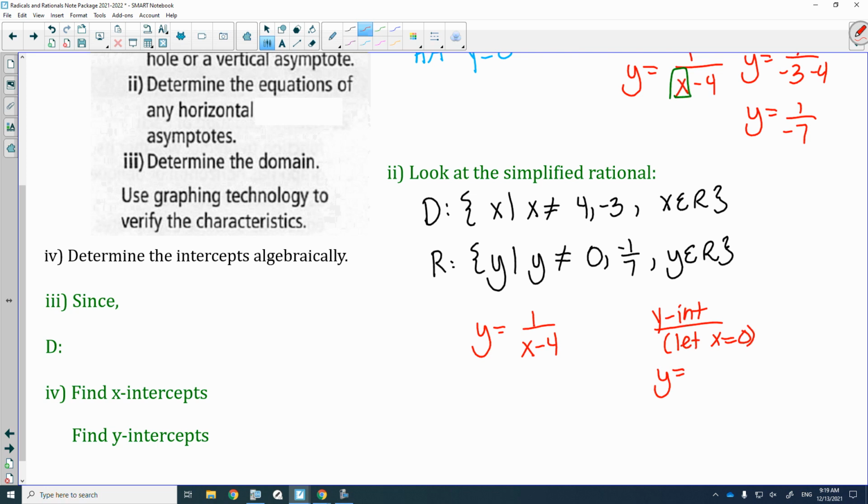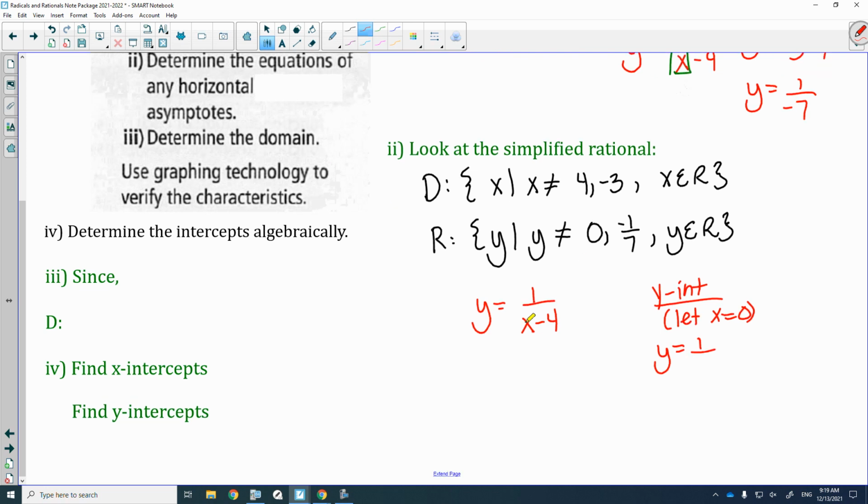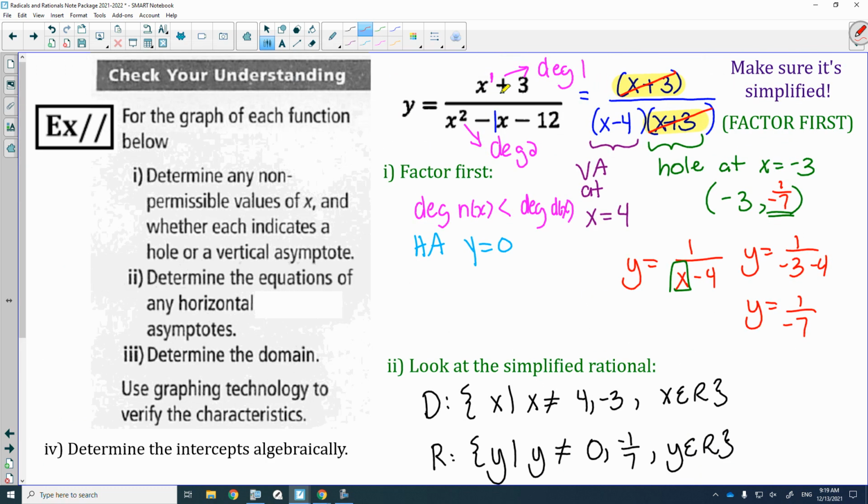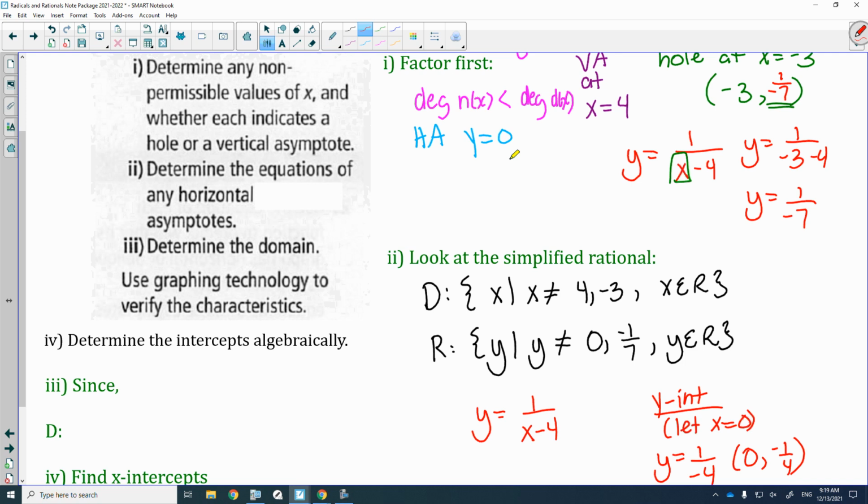And you'd have y is equal to 1 over negative 4. That's your y-intercept. When x is 0, we'll have negative 1 over 4. You'd get the exact same thing if you plug that into the original as well. It would reduce to 1 over negative 4.